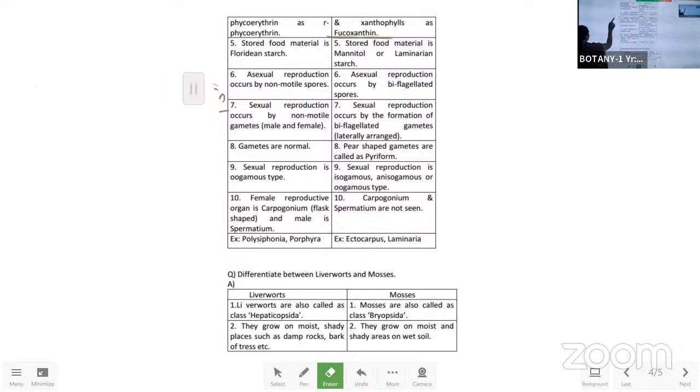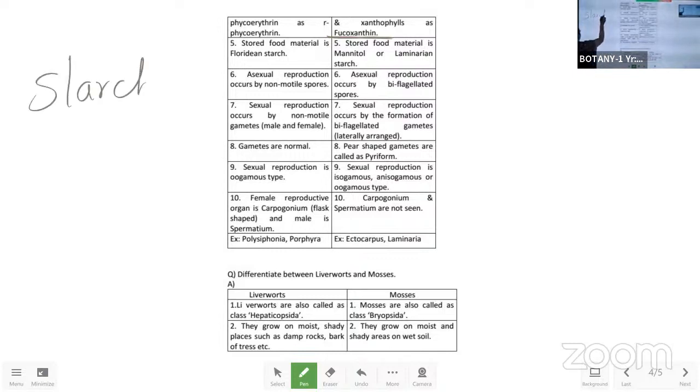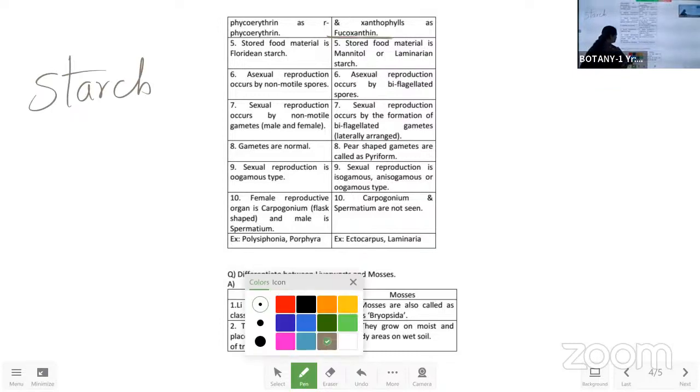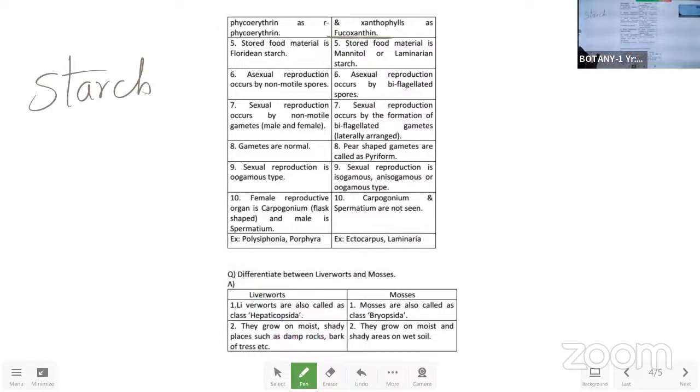And the next one: they are preparing their own food material by photosynthesis, so they are autotrophic organisms. In which form is the food going to be stored? Usually, after photosynthesis, food is stored in the form of starch, isn't it? But here, in which form is it present? That is the most important one. In the red algal members, it is present in the form of Floridean starch.